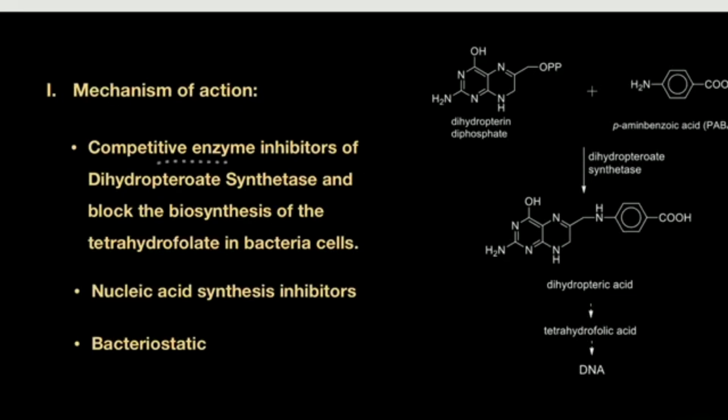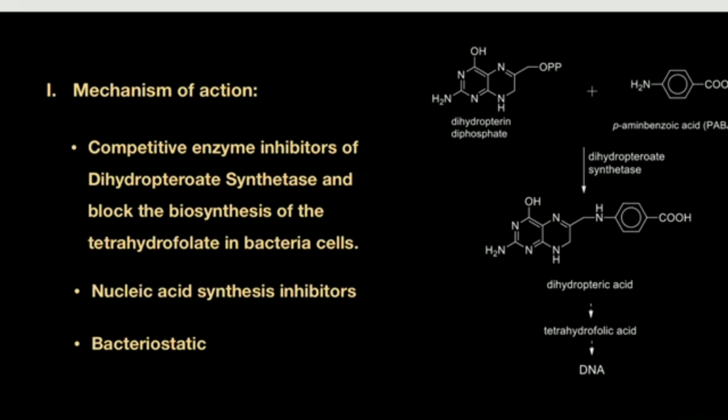Sulfonamides act as competitive enzyme inhibitors of the dihydropteroate synthetase and block the biosynthesis of tetrahydrofolate in bacteria cells. So they belong to the nucleic acid synthesis inhibitor class. This figure here shows the biosynthesis of a nucleic acid in bacteria.